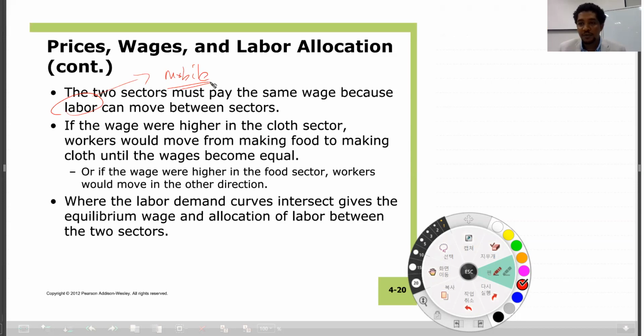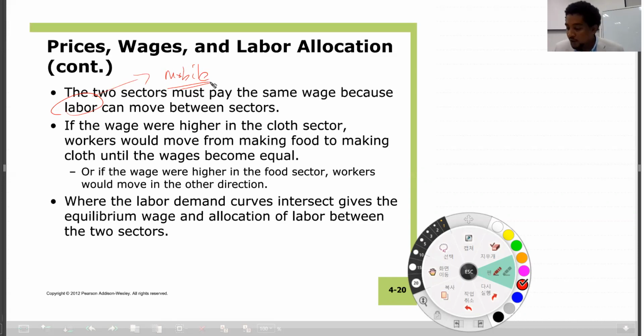To produce them, we have labor, capital, and land. We keep capital and land fixed, or specific, and we move labor between these two productions, trying to see which units of labor have to be used for food and which for clothes, so that we can produce the optimal amount of food and clothes to make a higher profit.